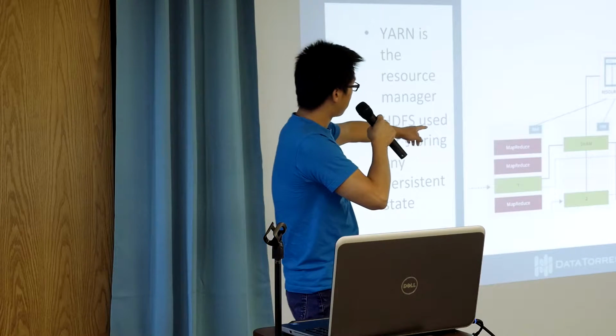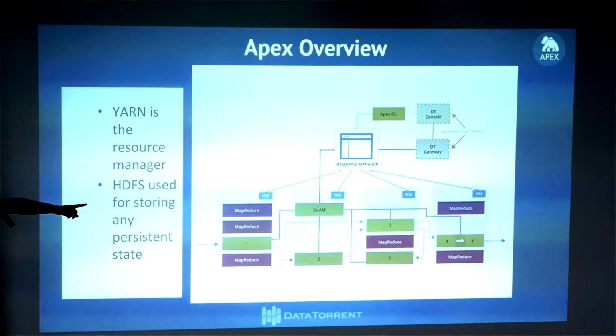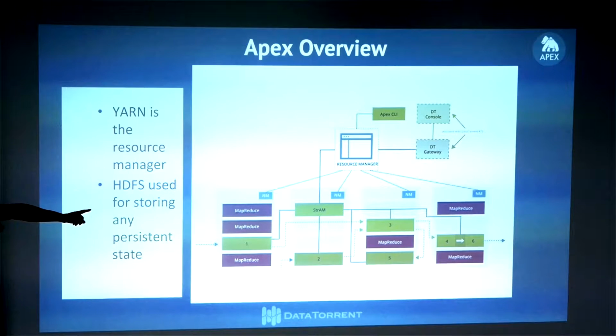You can see Apex is very flexible. It can deploy nodes in different locations. For example, 1 and 2 are running on different nodes, 3 and 5 are running on the same node, and 4 and 6 are even running in the same process.